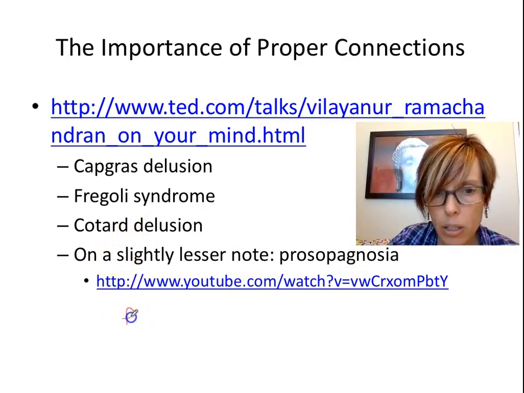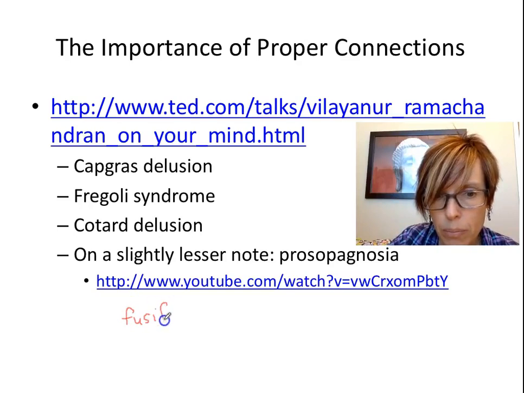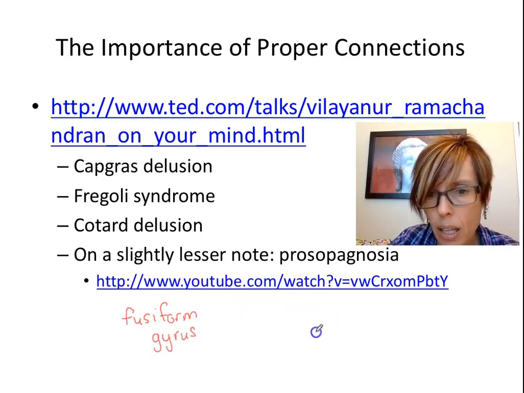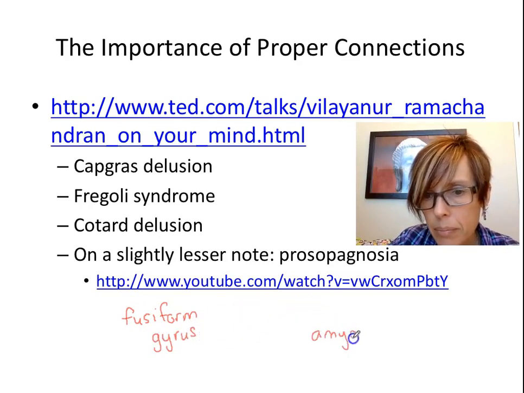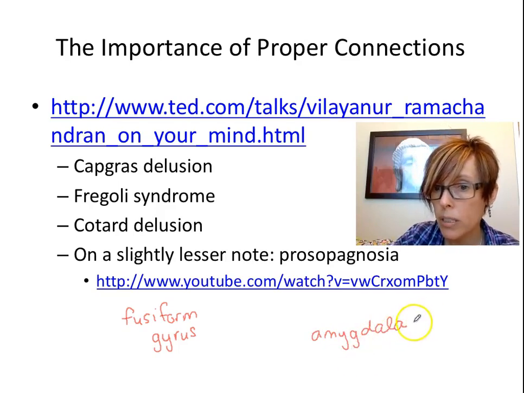Okay, so with that, let's talk about two different brain regions. We're going to talk about something called the fusiform gyrus and then the amygdala. We said earlier the amygdala is going to be important in emotions, right?